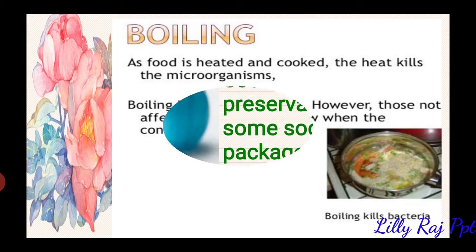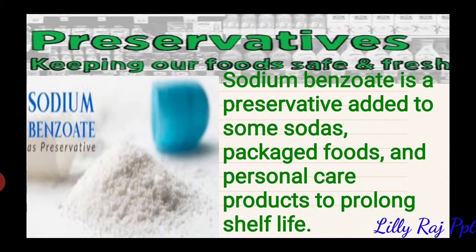The next method is adding preservatives. Adding preservatives means adding some chemicals to the food item to prevent the growth of microorganisms. An example is sodium benzoate. Sodium benzoate is a preservative added to some sodas, packaged foods and personal care products to prolong shelf life. Packaged food means Lays, Kurkure, chips and packed food items, milk powder.